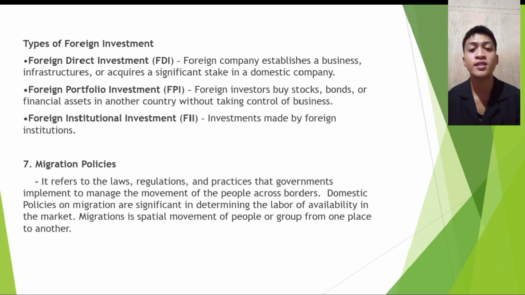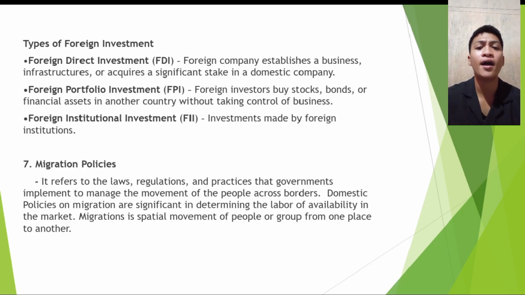And the last one is foreign institutional investment or FII. This is the same as FPI, but the money comes from large groups like banks or pension funds, not individual people. And the last is migration policies.